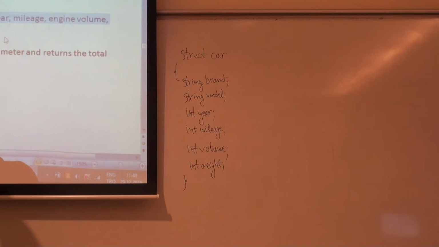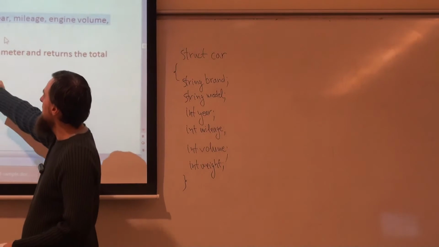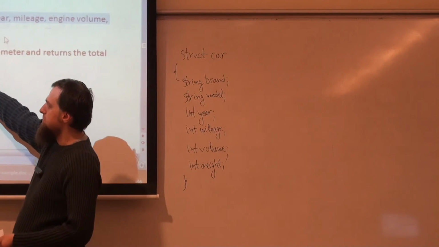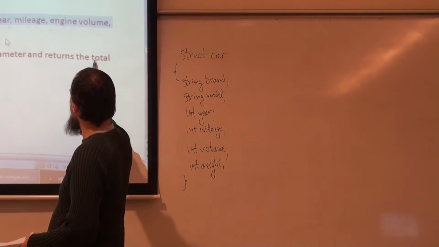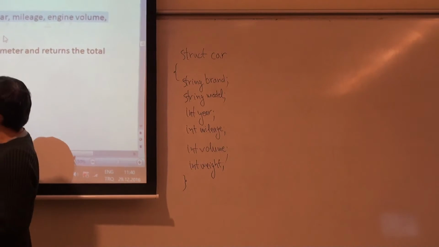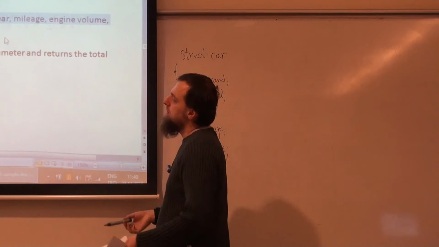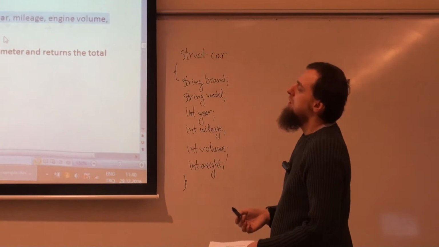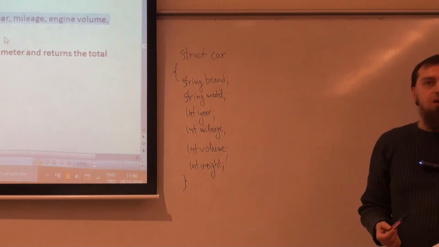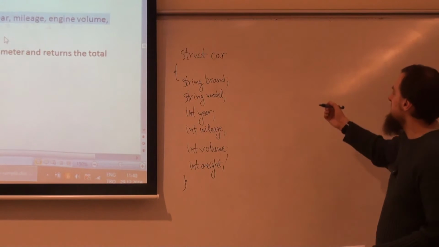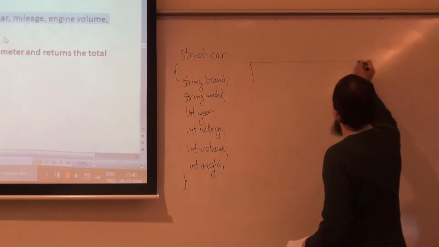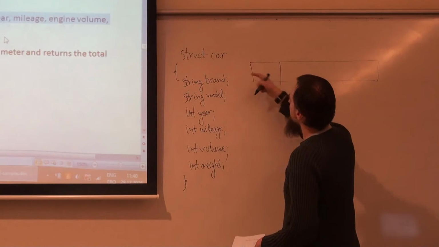We should write a function that takes a built-in array of car structs as a parameter and returns the total number of entries that have engine volume greater than 1600. How are we going to do that? Basically, we take an array of struct car, and here we have all of those.